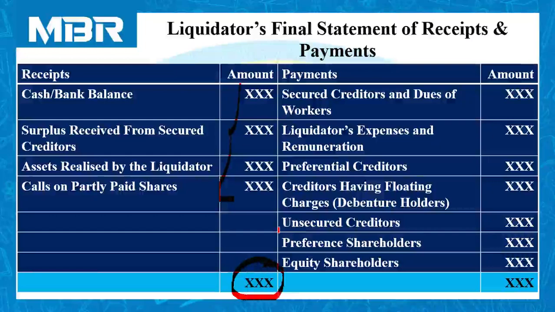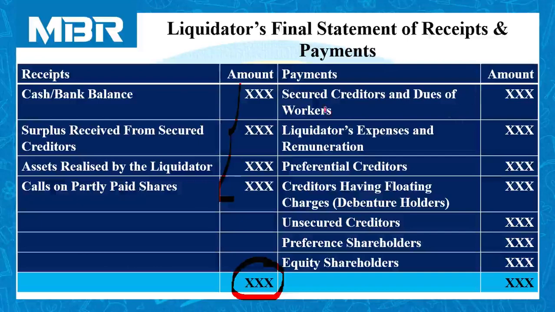Now, the payment side, one of the important parts of the liquidator's final statement of receipts and payments. On the receipt side, there will be no technical calculations, but as far as the payment side is concerned, we will have technical calculations, because as per the guidelines of the Companies Act 2013, it is compulsory for us to follow the order of payment.